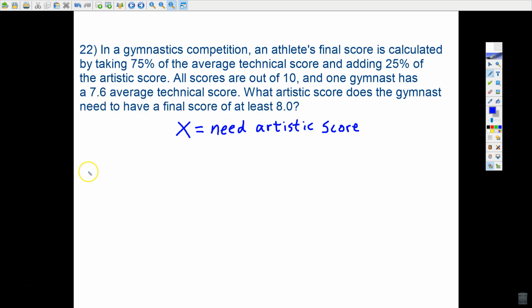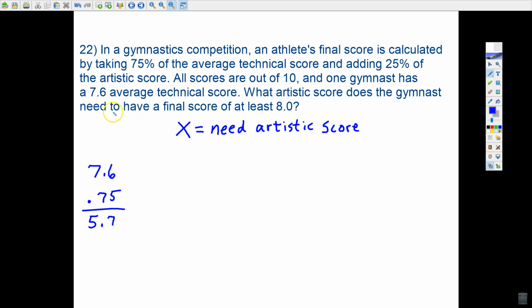Well, if you need to, take your calculator and let's find out what 75% of 7.6 would be. 75% of means multiplication. So I'm going to grab my calculator here. 7.6 times 0.75, and it looks like it's 5.7.